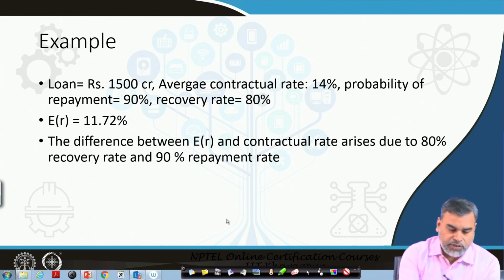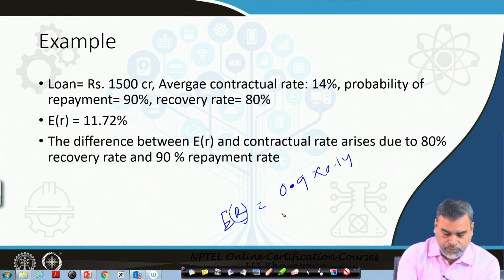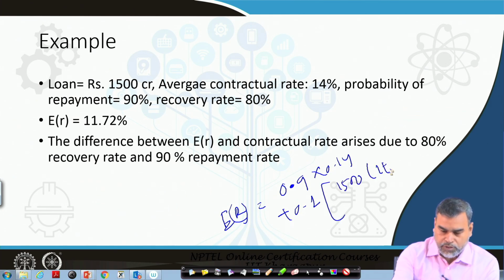Then your expected return will be how much? 0.9 into 0.14 plus 0.1 into 1500 into 1 plus 0.14 into 0.8, divided by 1500. Anyway, that will be cancelled out, minus 1.